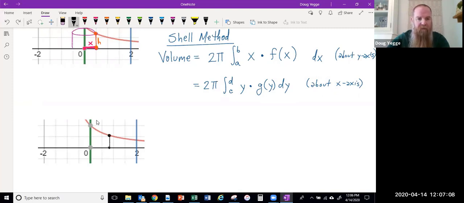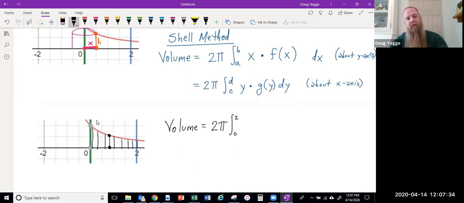So now this is going to be my representative rectangle. So for the shell method, my volume will be 2 pi times the integral from 0 to 2, because notice I'm extending from the left side all the way through until the right side, which is why we're going to have our integrals from 0 to 2.